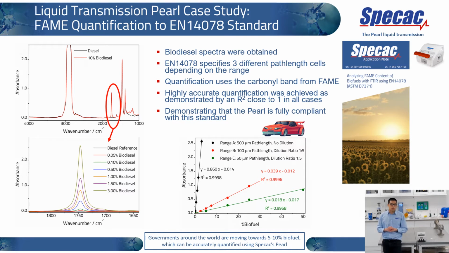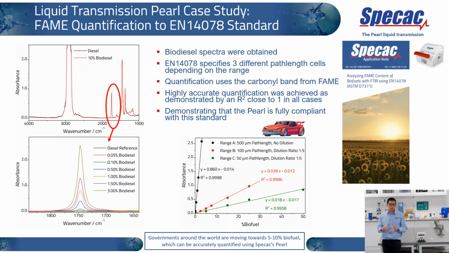And as you can see in the calibration plot on the bottom, in the middle of the screen, the oyster cell can highly accurately quantify the carbonyl peak at the 3 different path lengths at 50, 100 and 500 microns.